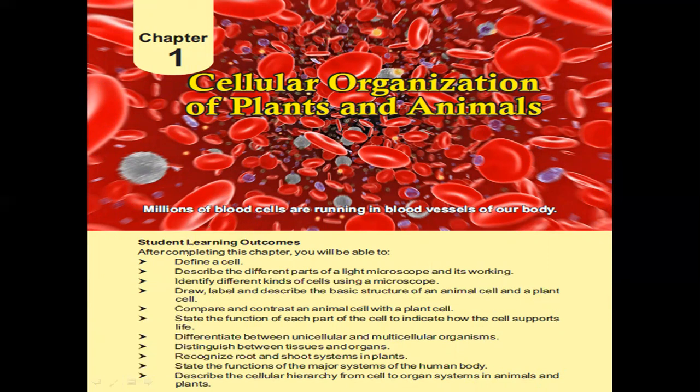In this lesson, we will study about the cell. We will study about different parts of the cell, difference between animal and plant cell, unicellular, multicellular, tissues, organs, organ systems, as well as the functioning of microscope.